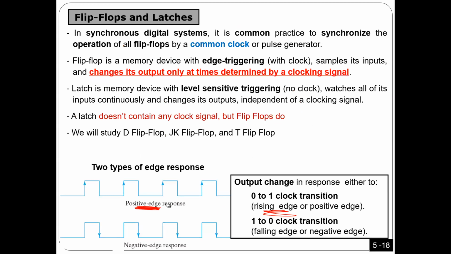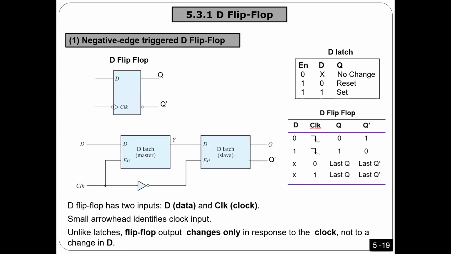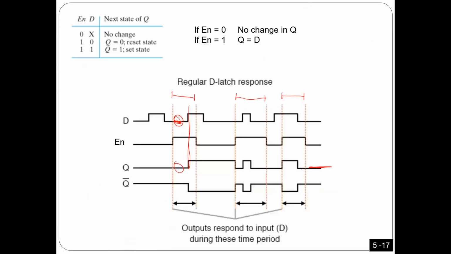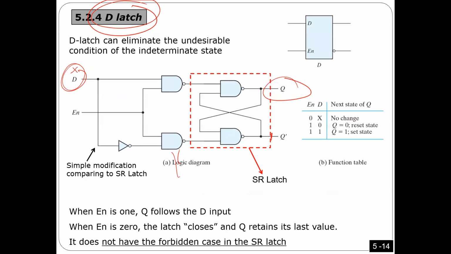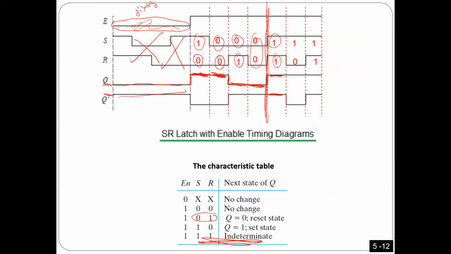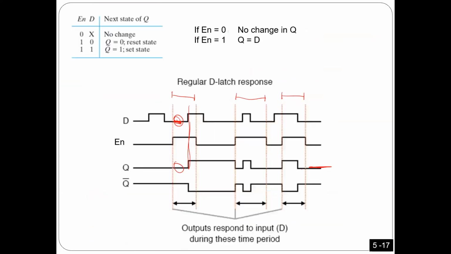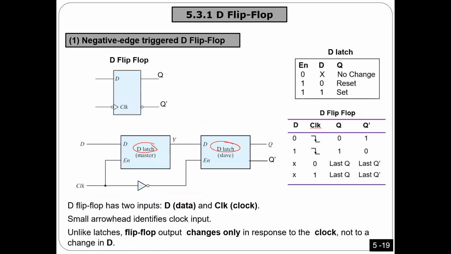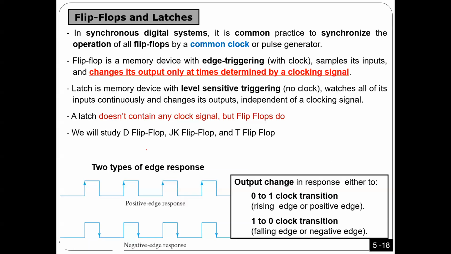Here, I'm explaining the difference between flip-flops and latches. The way I'm going to do it, I'm going to use two D latches. So this is a D latch and this one is a D latch. Inside this block is this circuit, the complete D latch circuit, and I'm going to use two of them.